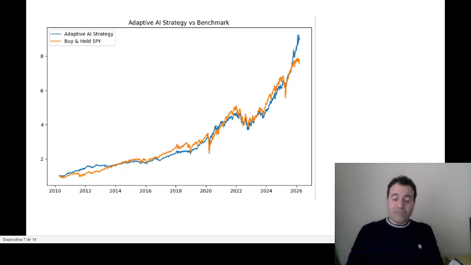By combining regime detection with factor-based allocation, the strategy attempts to adapt dynamically to changing market conditions. Although the results are encouraging, this example should be interpreted as a simplified educational demonstration rather than a fully production-ready trading system.